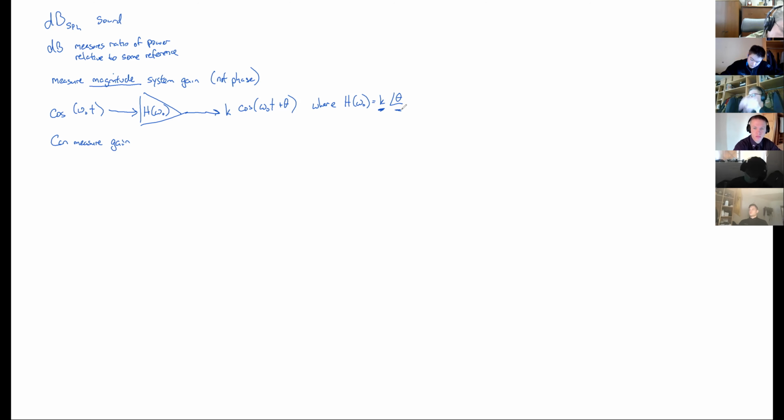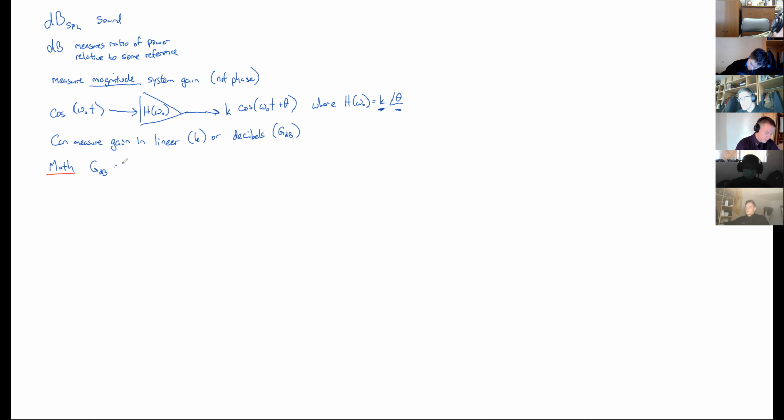And we can measure that k in two ways, either in linear terms as k, or in decibels, which we'll call gain in dB. I've talked enough about the intuition behind it. Let's talk about the math. Math is very fast, as it always is.